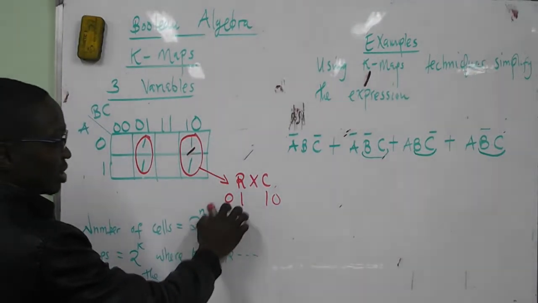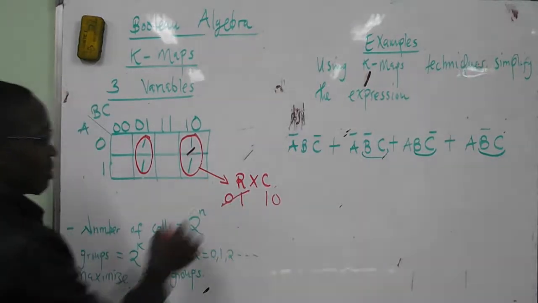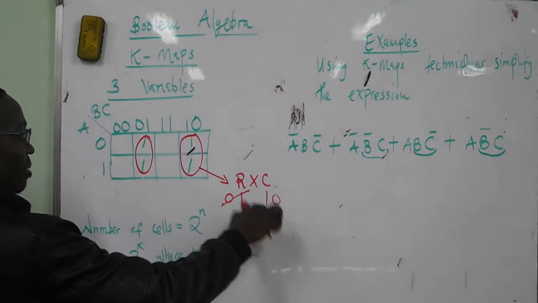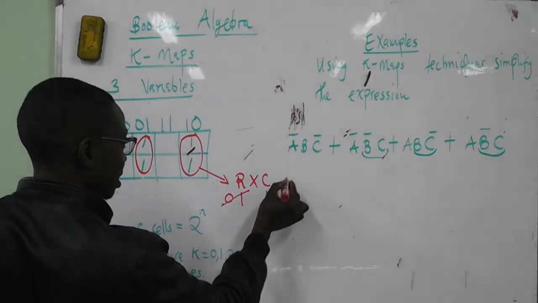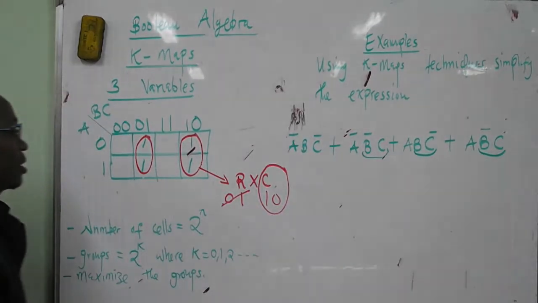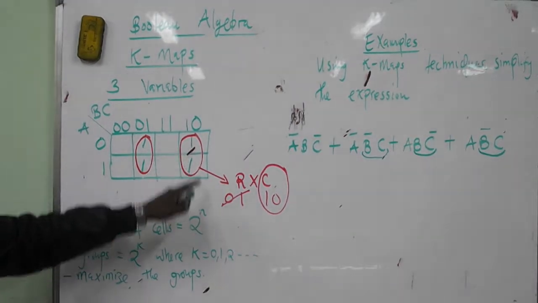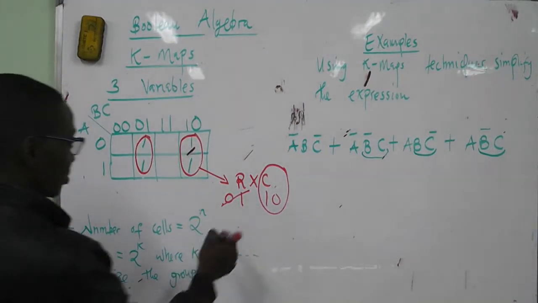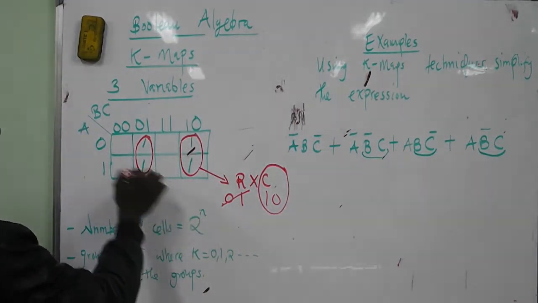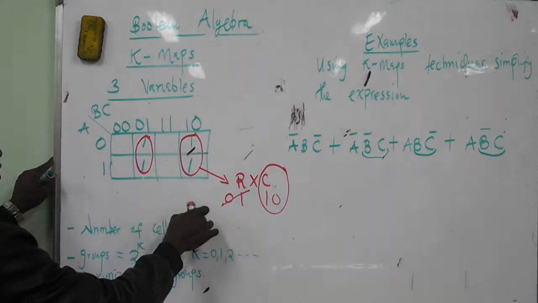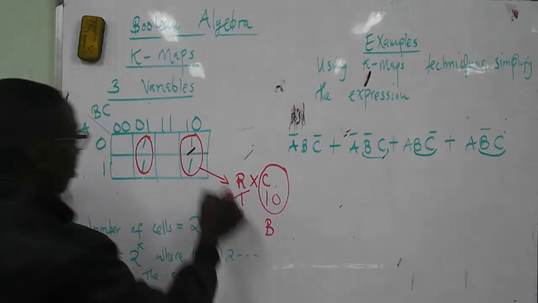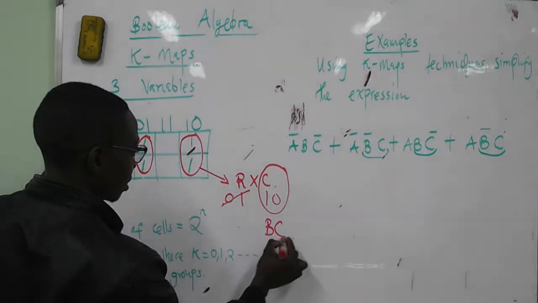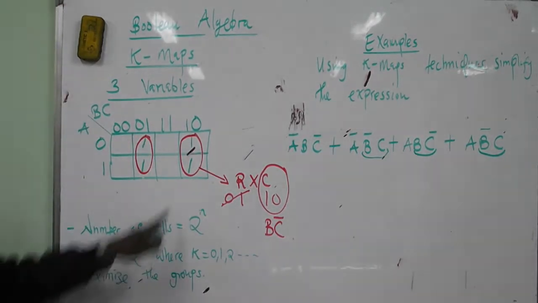So since they are seated in two different rows, we cannot pick a row. Instead, we pick a column because all the numbers are seated in one column. And the column is 1, 0. So this group is column 1, 0, the column is BC. For it to be 1, 0, it means B is not barred, but C is barred. Okay, that is this group.